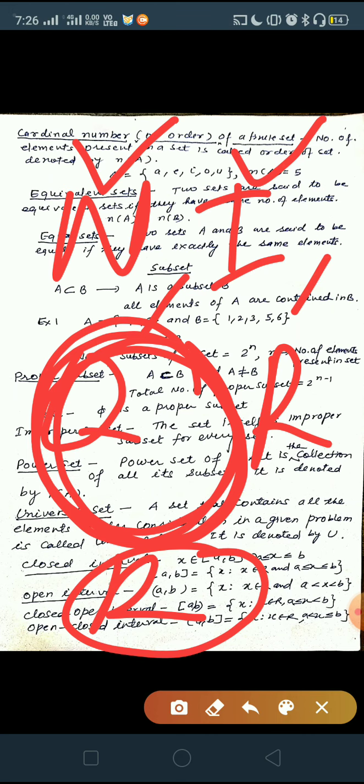So the country will be considered the universal set.